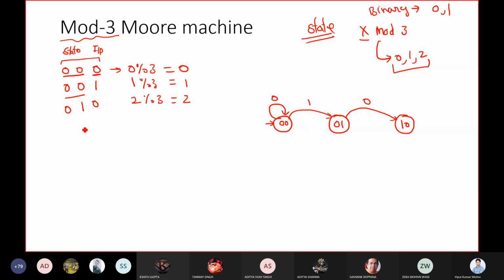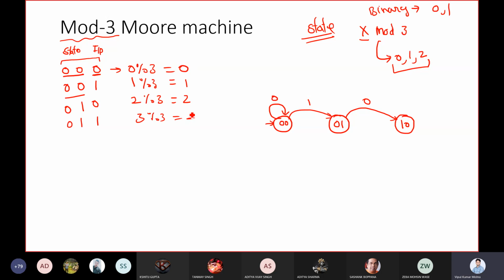state 2. Now, if you are in the 0,1 state and your input is 1, what is this? 3 mod 3. What do you get? Back to 0, right?